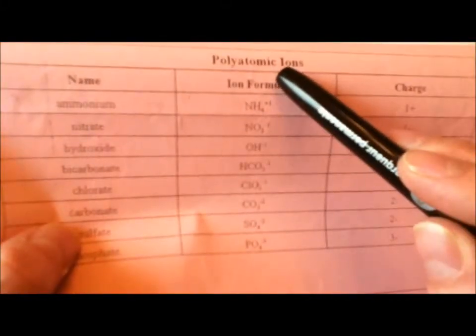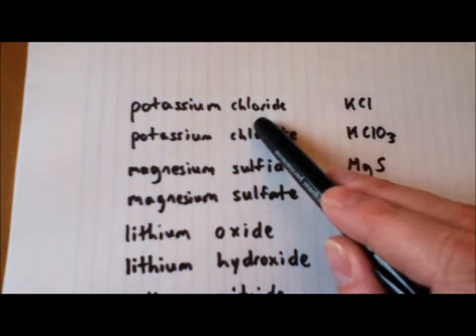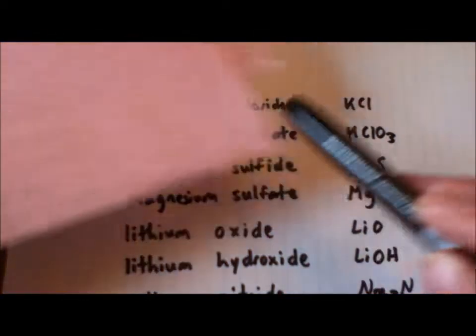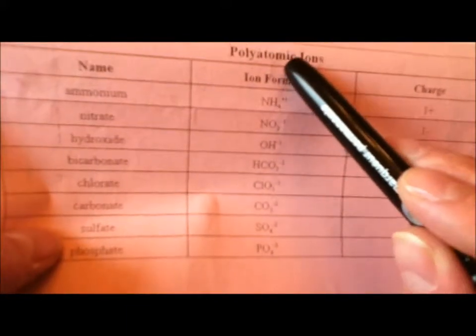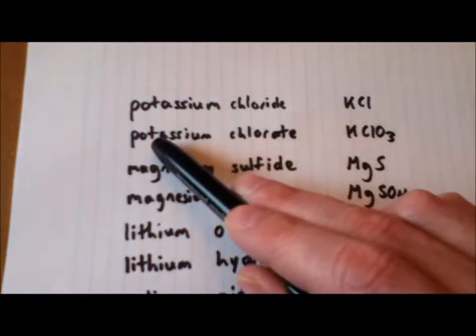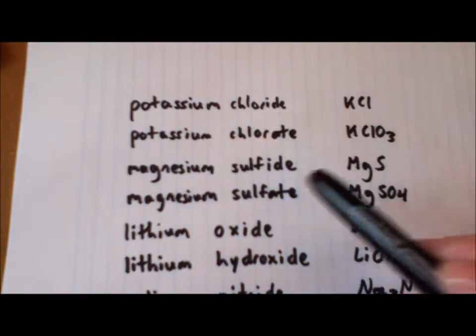It's a polyatomic ion. So the first one, chloride, we're talking about just an ionic compound. Potassium chlorate, though, is polyatomic, because chlorate, listed right there, is ClO3, a polyatomic ion. So this is ionic, and this is polyatomic.